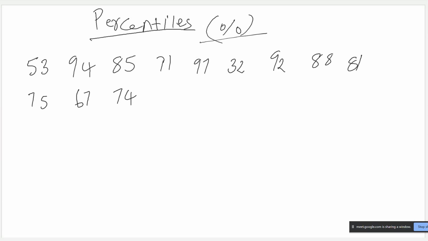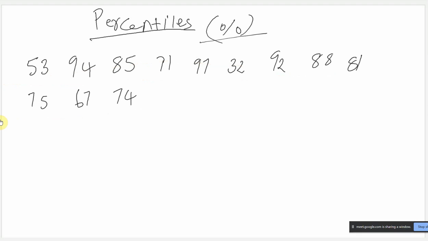This data actually represents the marks obtained in the class. Maybe there was a test written in the class, and these are the marks which were obtained. Different learners obtained different marks, and these marks are in the form of percentage.